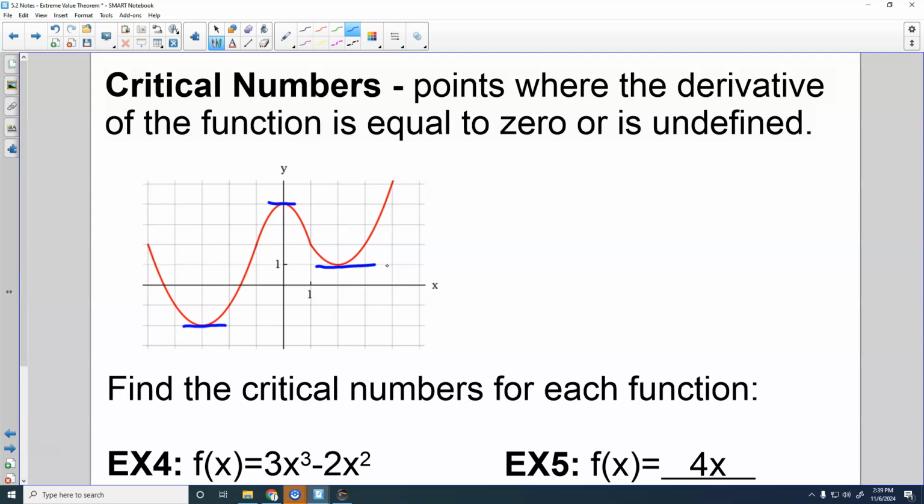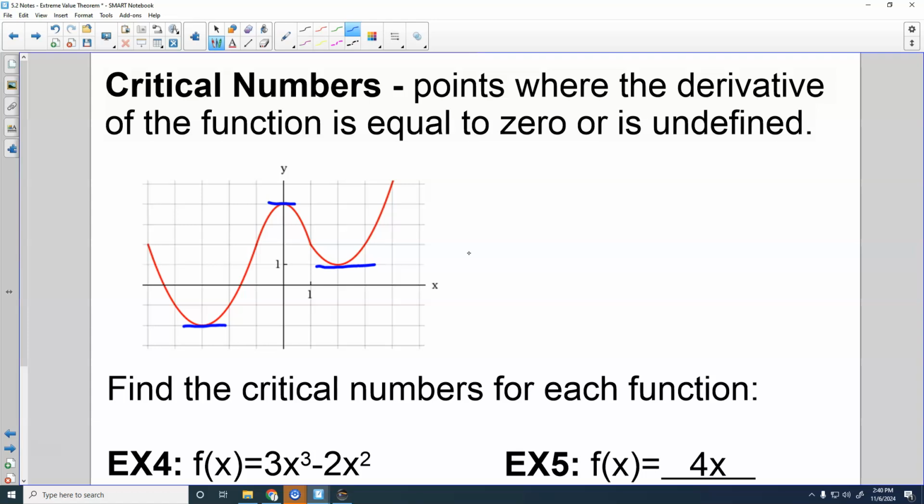The undefined is always kind of tricky. I don't think I have one that actually is undefined here. I'm not sure about that graph, but I don't think that was meant to be a vertical tangent. A lot of times they'll tell you there's a vertical tangent there if there is one, because they're kind of hard to see.